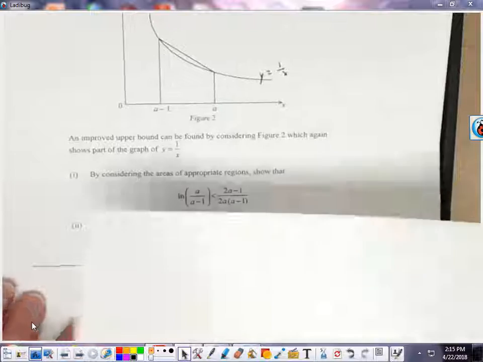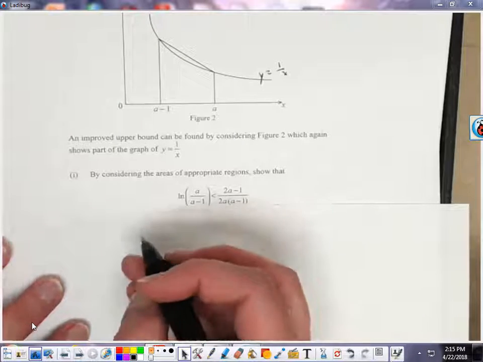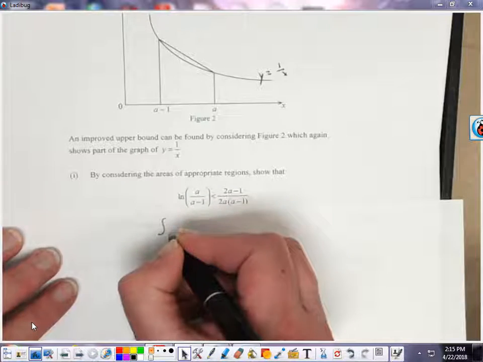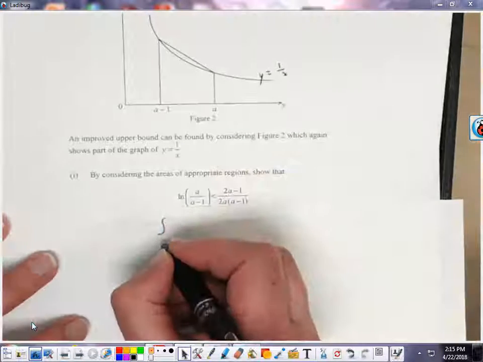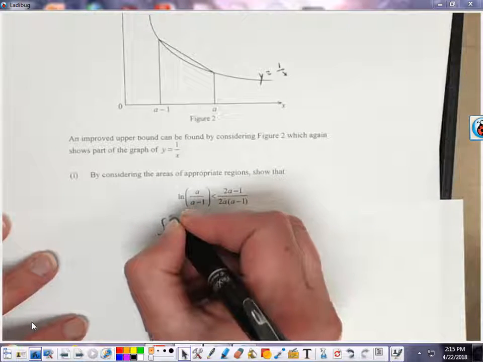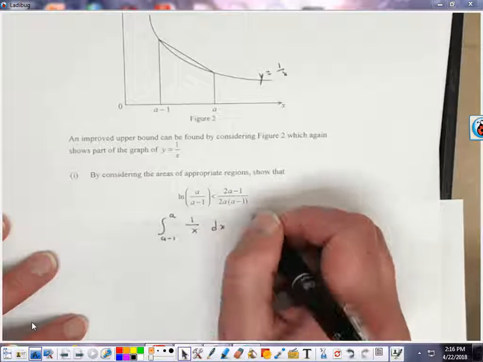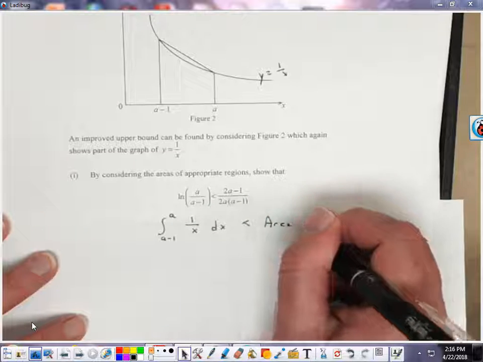So if we just take a look, let's just go ahead and show them one more time. We kind of already did it, but this time it's from a minus 1 to a. So we know that the area under the curve of 1 over x, because that's our function, is going to be less than the area of the trapezoid.